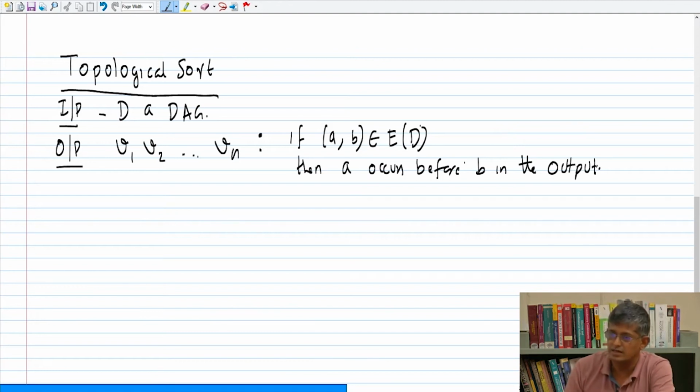So this is the condition that we want to place, and there are multiple applications here.